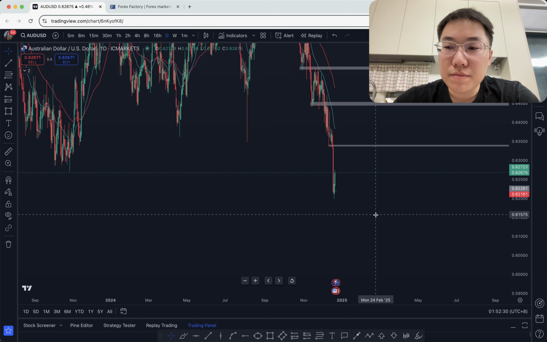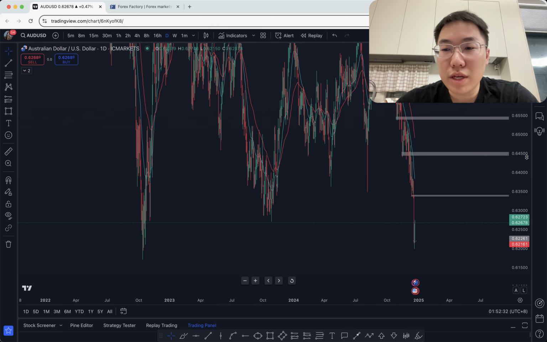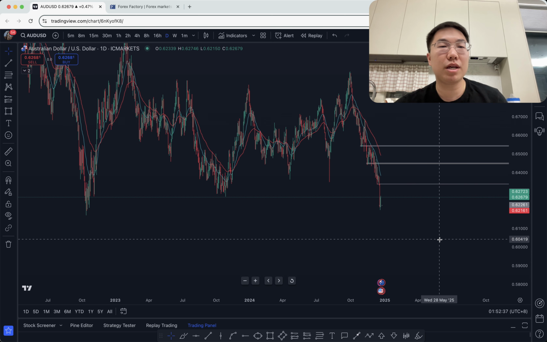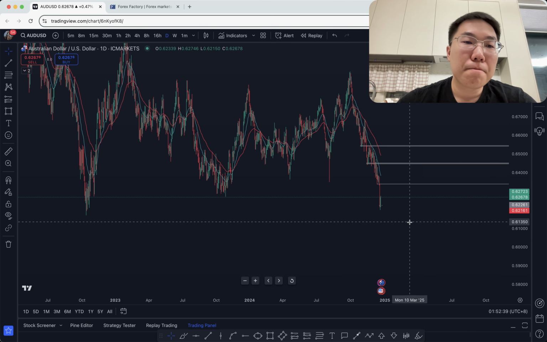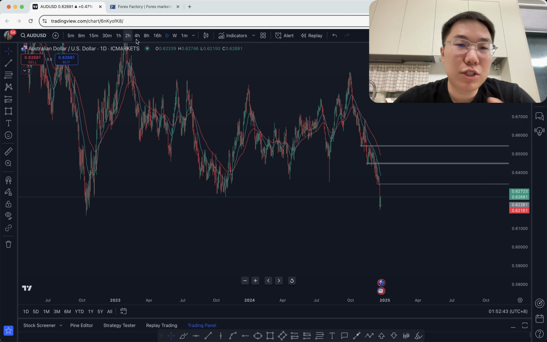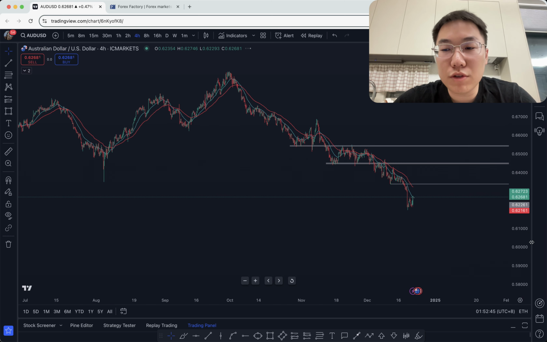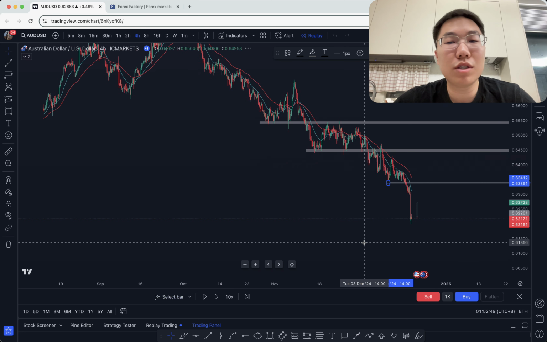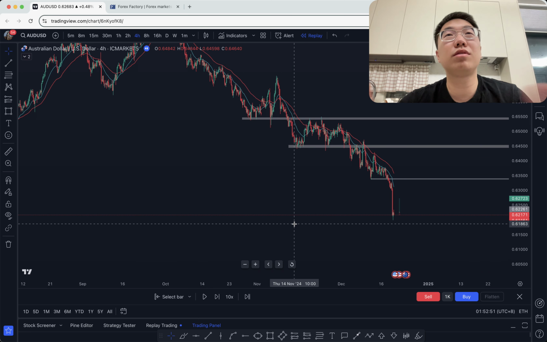So one of the main reasons why I've been looking to long Aussie dollar was mainly because of how oversold it is. Oftentimes, the majority of traders, when they look at a waterfall chart like this, if I put on a replay, everyone would just look to sell. That's how the retail mindset works.